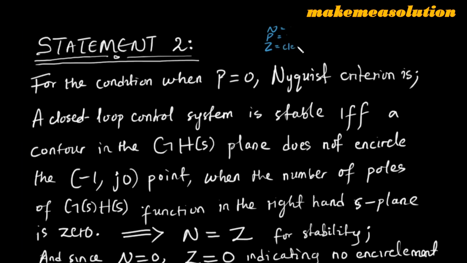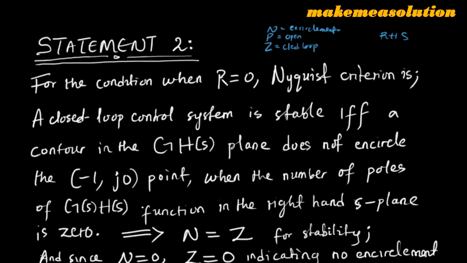So for the condition when P equals 0, that's when the number of open loop poles on the right hand side is equal to 0. Okay, all these things: closed loop poles on the right hand side, open loop poles on the right hand side.